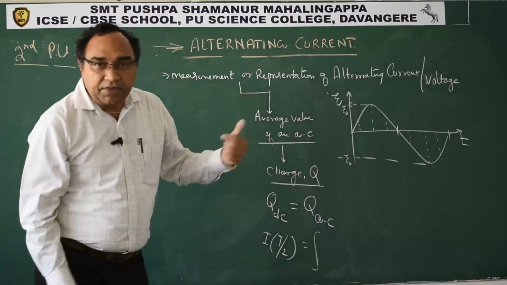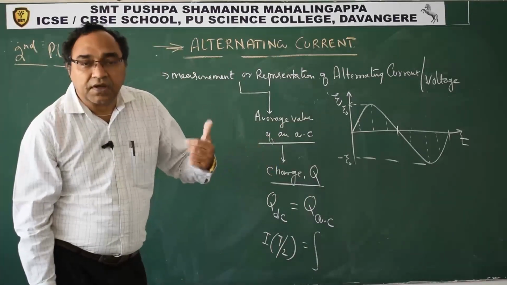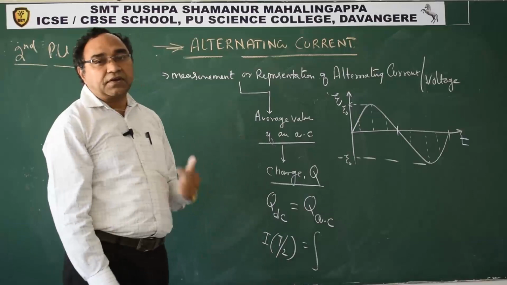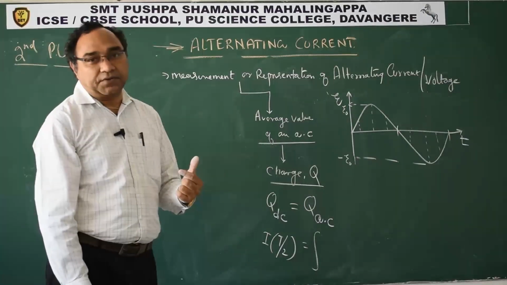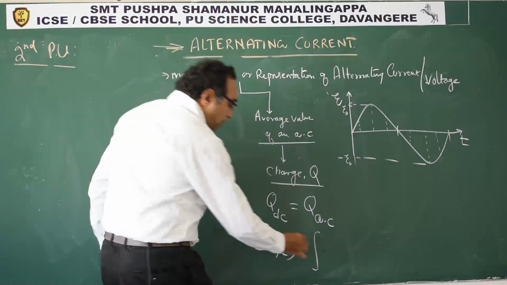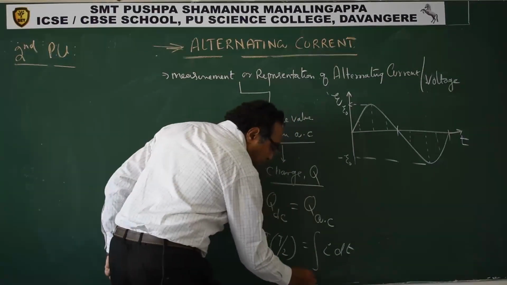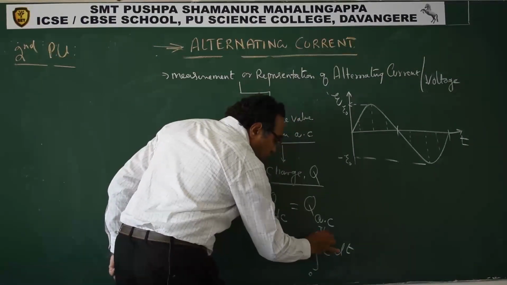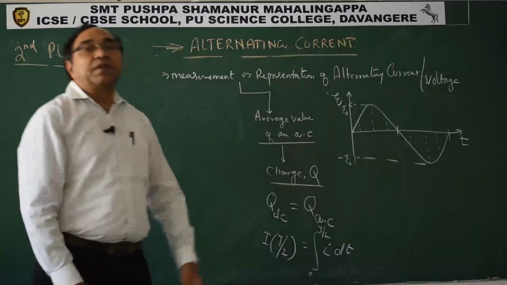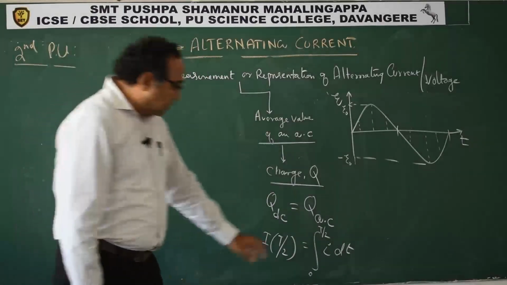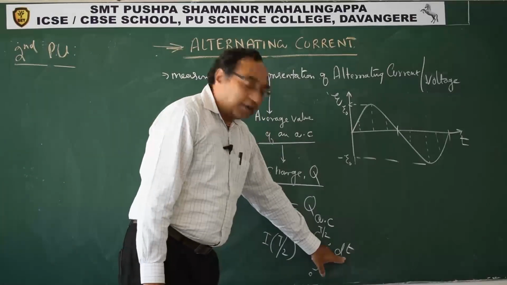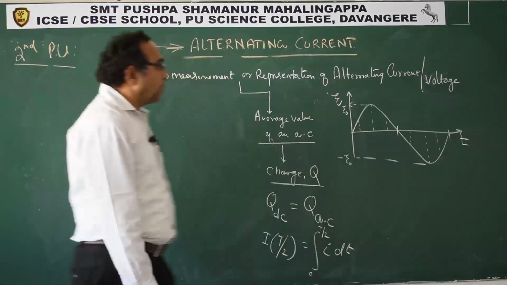If you remember, in the previous one we did the same thing: because it is a continuous function, summation is given by integration. So this is the integral of I dt from 0 to T by 2, as simple as that.